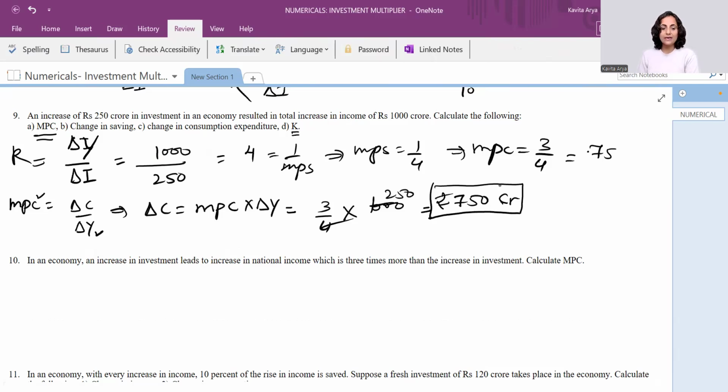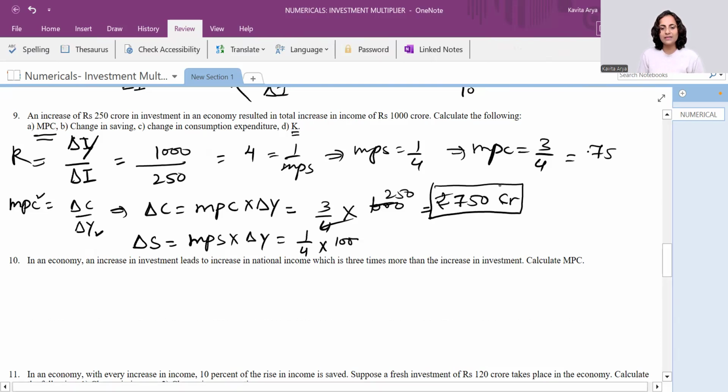The next question is change in the savings. So change in savings, delta S, would be what? I have two alternatives to find this. One, we can use MPS into delta Y, that's equal to 1 by 4 into 1000, and that's equal to 250.